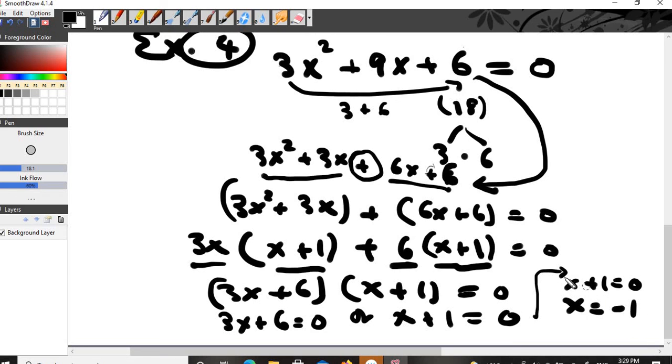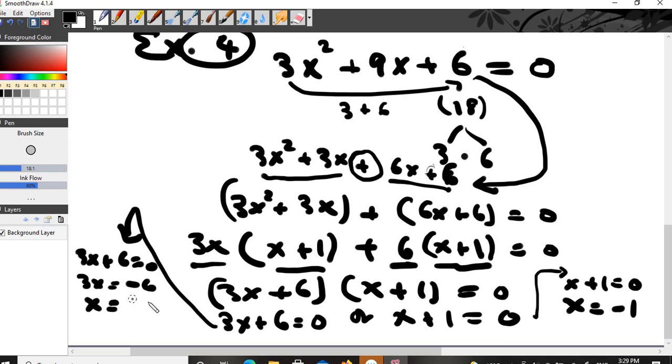That's the only way it can be 0, because negative 1 plus 1 produces 0. And 3x plus 6 equals 0, so 3x equals negative 6. We move the 3 to the other side, and x equals negative 6 over 3, which is negative 2. So our zeros are going to be negative 1 and negative 2.